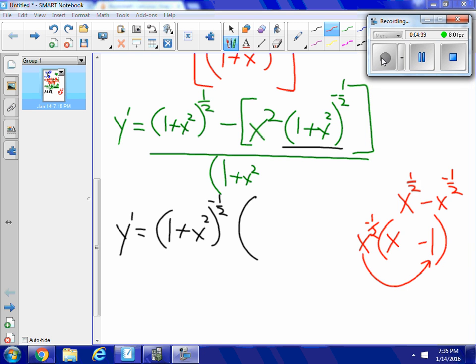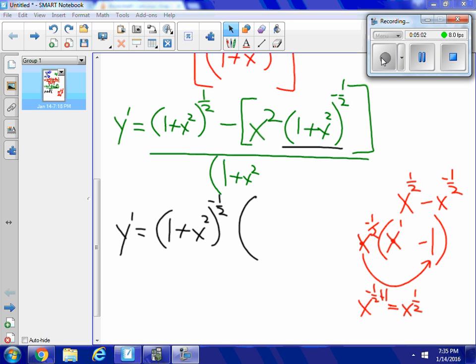But this is just going to be x, because x to the minus 1/2 times x is x to the minus 1/2 plus 1, adding the exponents, and that gives me x to the 1/2.